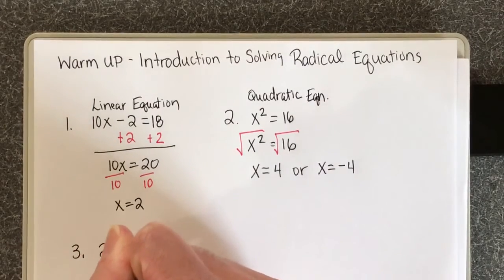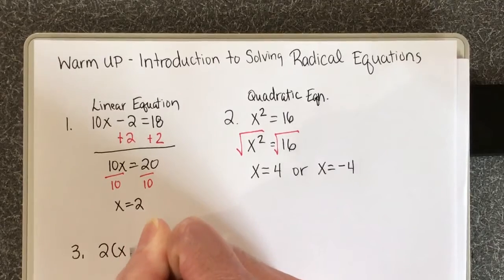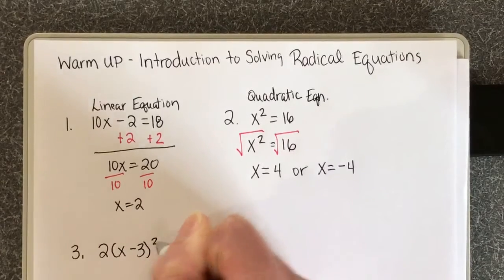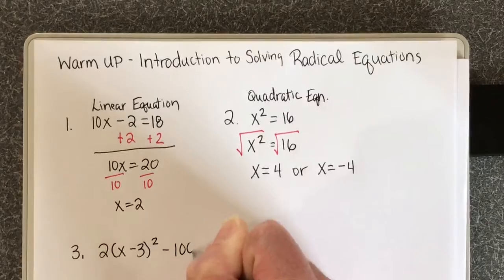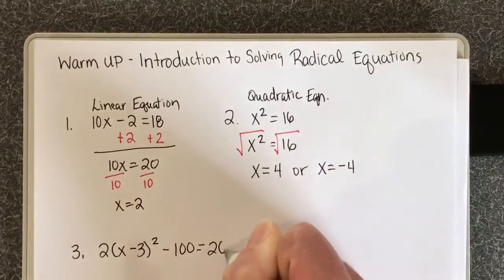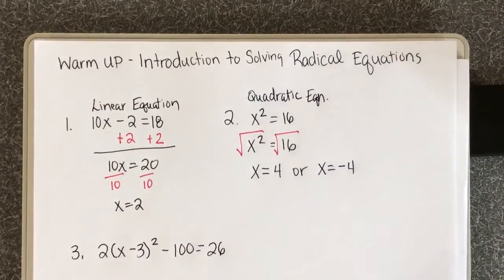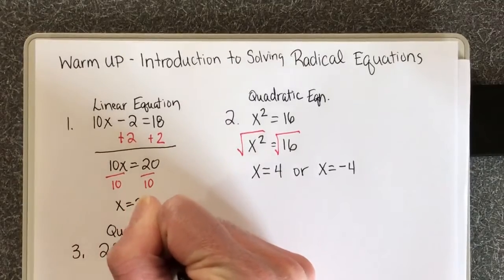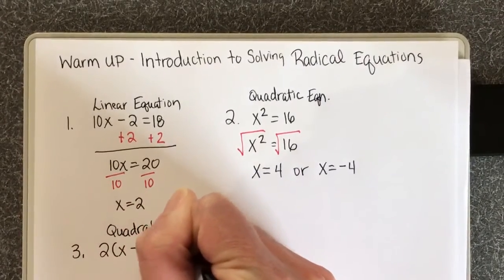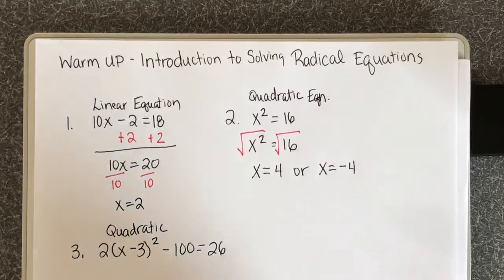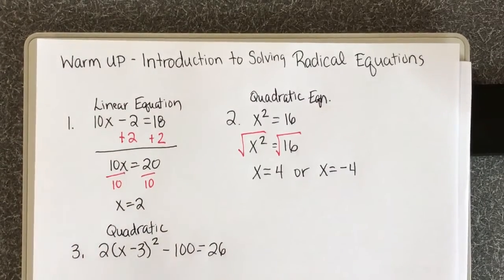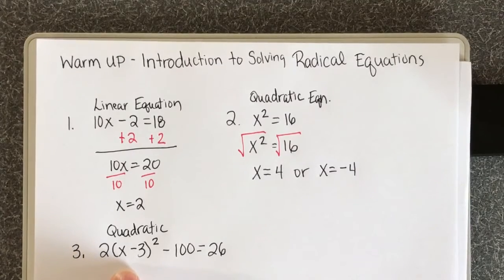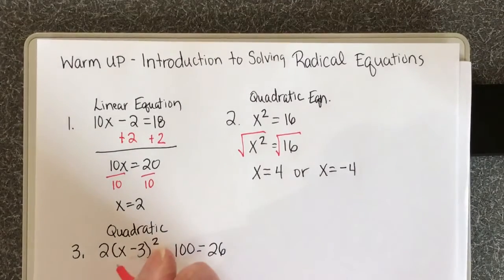Okay, so then the next one. So we have 2 times the factor of x minus 3 quantity squared, minus 100, is equal to 26. So again, this is a quadratic equation, and I know that because of the squared. Now for this one, I can't get x squared by itself because this entire quantity is being squared, but I do need to isolate the factor.